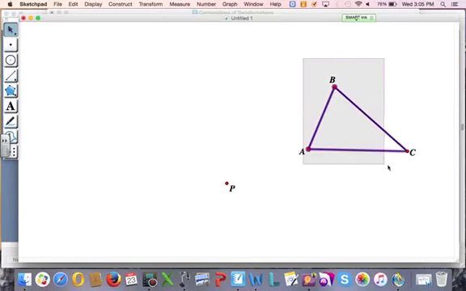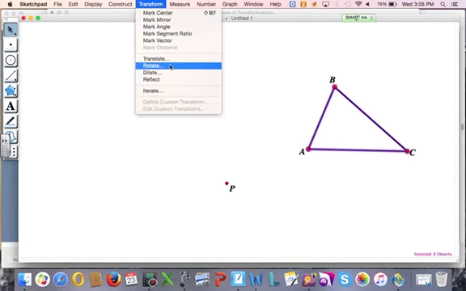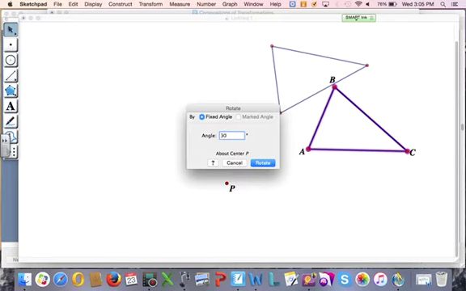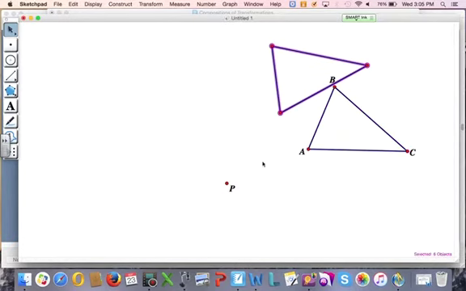And then I'm going to take this figure and rotate it, but not by 90 degrees. I wanted 30, and there's my rotation.